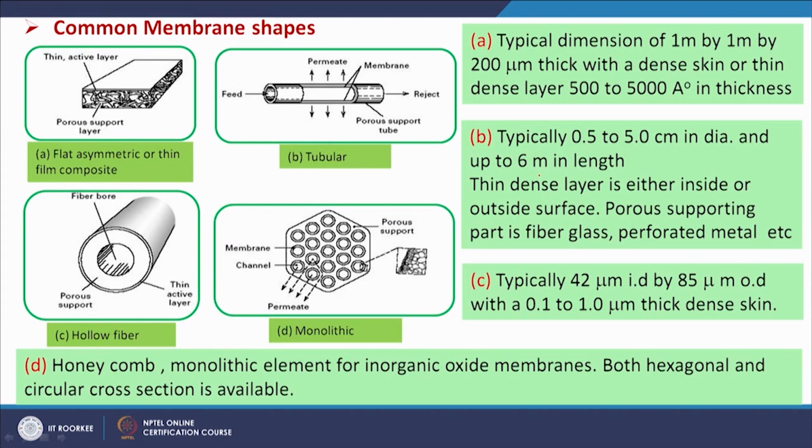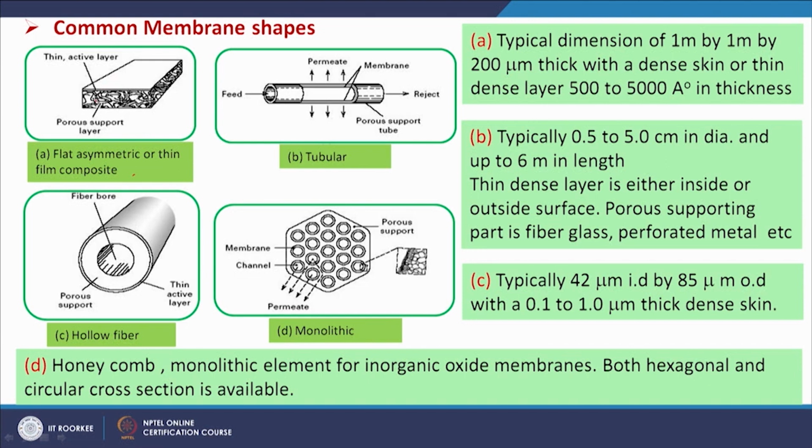Now, we will see the common membrane shapes. We have seen there are 4 important membrane shapes. First is flat, asymmetric or thin film composite. Here we see the thin active layer and this is the porous support.